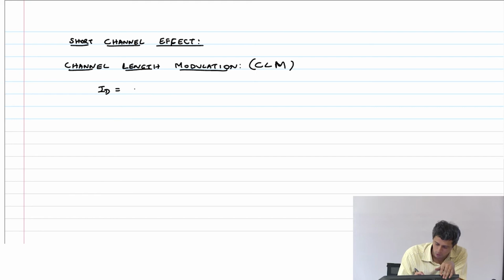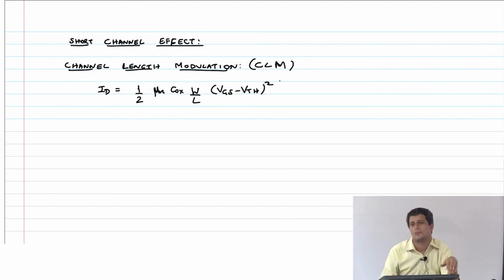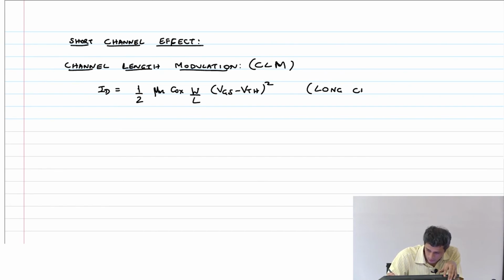Okay. So you look at the saturation current, it is half mu n Cox W by L into VGS minus VTH whole square. Okay, this is the long channel equation, and it's not a function of VDS.